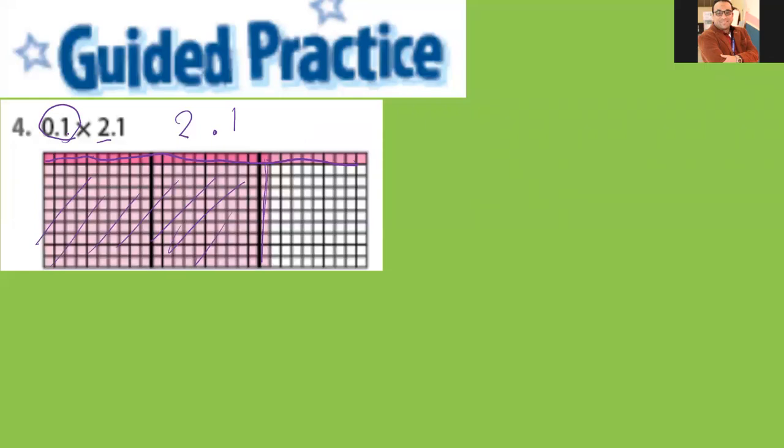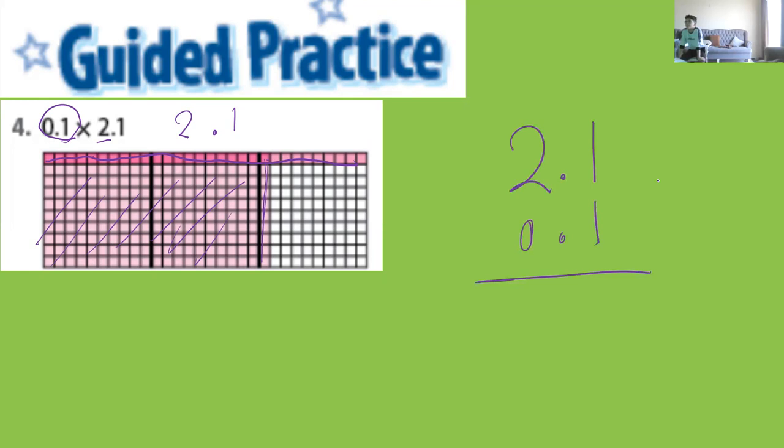Now you finish shading. Can you get the answer? I think it is easy for you. 2.1 by 0.4 will equal what? 1 by 21 directly equals 21. And how many decimal places do we have in the statement? 2.